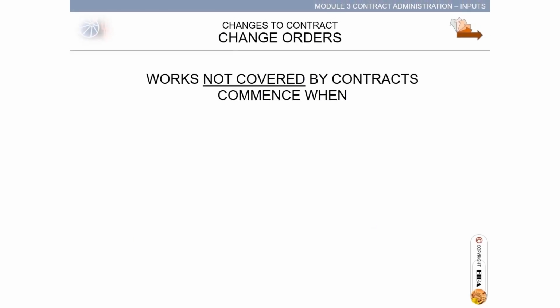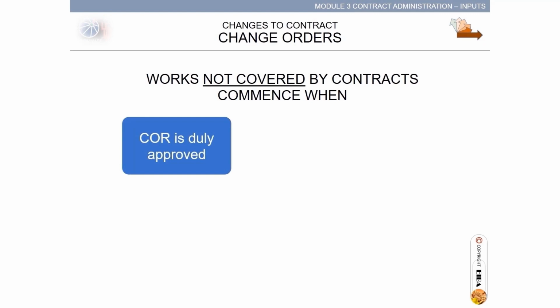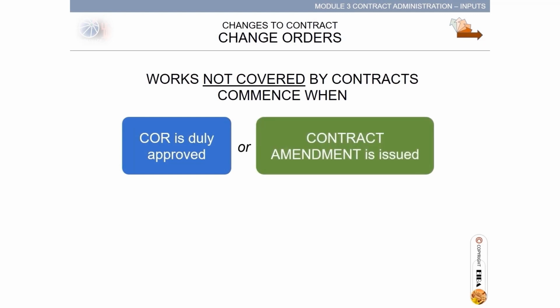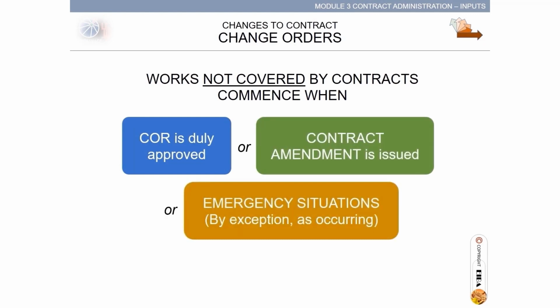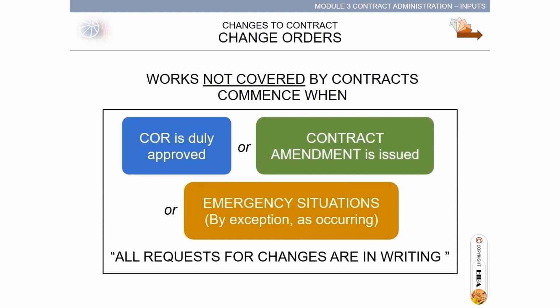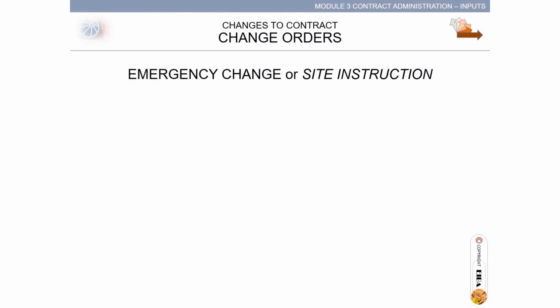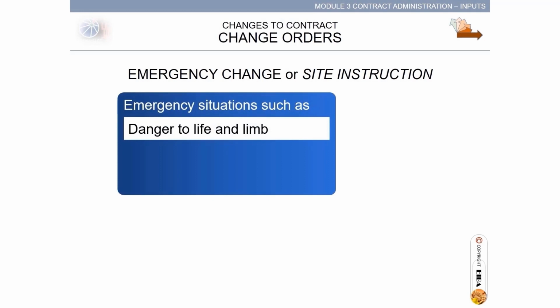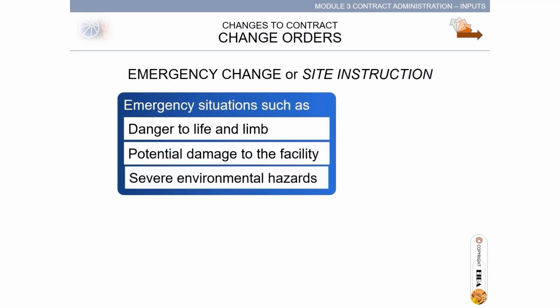Works not covered by contracts commence when COR is duly approved or contract amendment is issued, or in emergency situations by exception. All requests for changes are in writing. Emergency change or site instruction: emergency situations such as danger to life and limb, potential damage to the facility, severe environmental hazards.